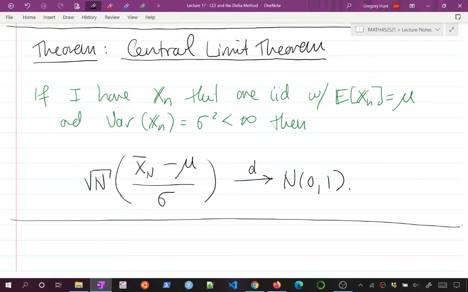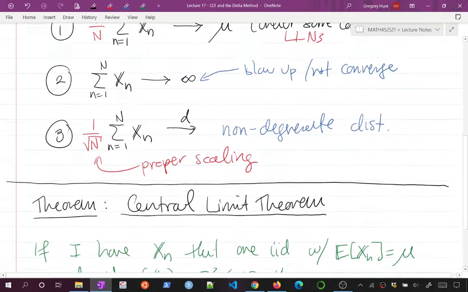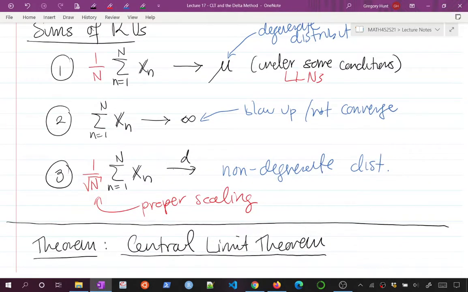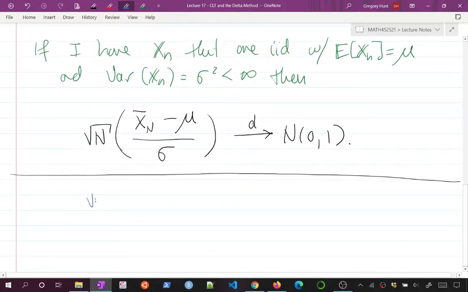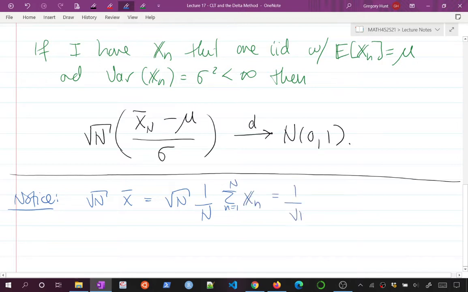So just a comment here. If we go back up to this proper scaling, notice that root n times X bar is square root n times 1 over n times the sum, which is basically 1 over square root n times the sum.